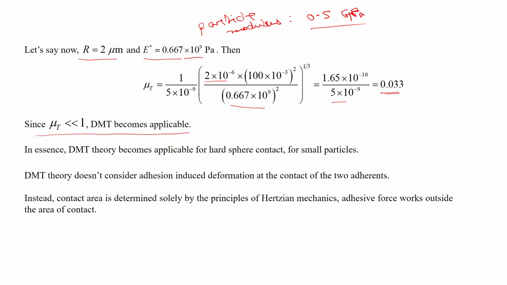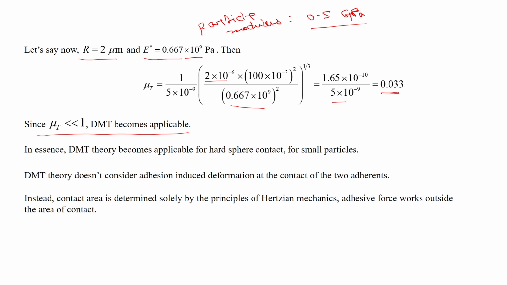So, what I see is this: when the particle size, R, is small and the elastic modulus is large, that makes sense, because DMT theory does not consider the deformation of the adherent bodies. It is a sphere, so it does not consider that it deforms at the surface. This is only possible when the material is hard, difficult to deform, and has a small dimension.